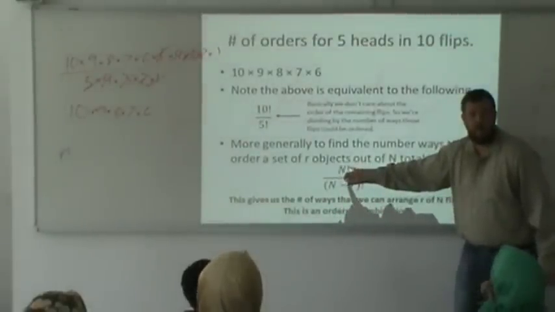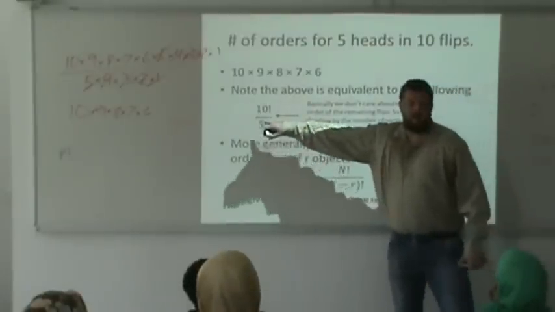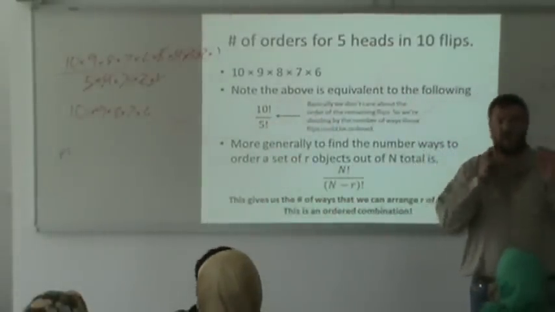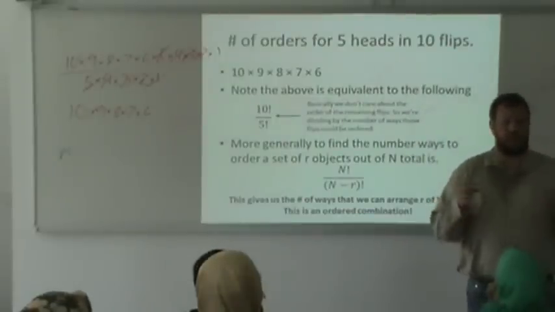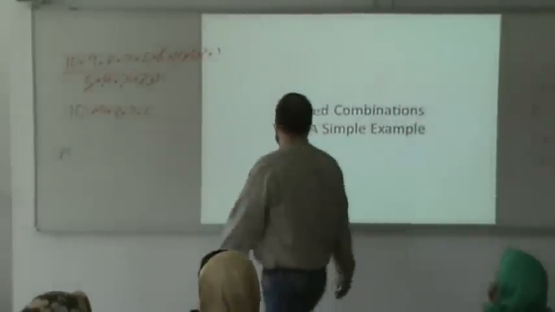R was what? R was 5. 10 minus 5 is 5, so we divide by 5 factorial. This is going to give us the number of ways that we can arrange R of n flips. This is called an ordered combination. Ordered combinations with a simple example.